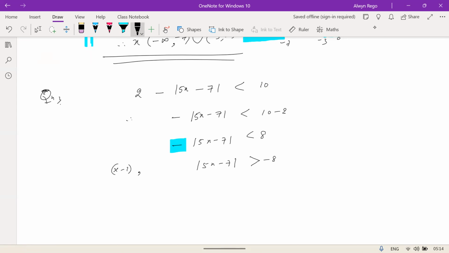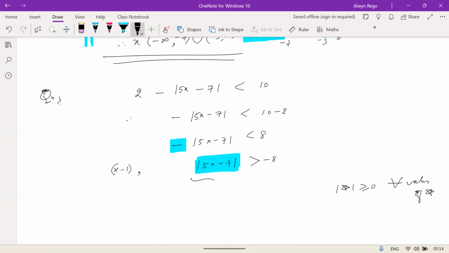If you look at this one here, you'll find that absolute value of a number is always more than or equal to 0. So if you're demanding that it should be more than -8, you will find that this is agreeable for any value of x here. No matter what value of x you substitute, we know that absolute value of any number is always more than or equal to 0 for all values of x.